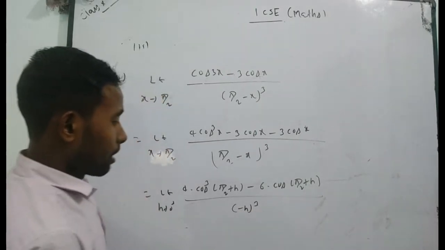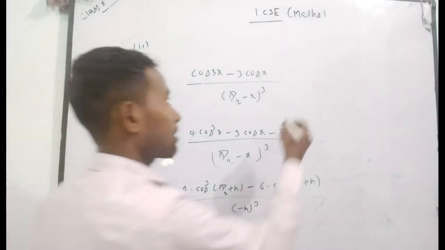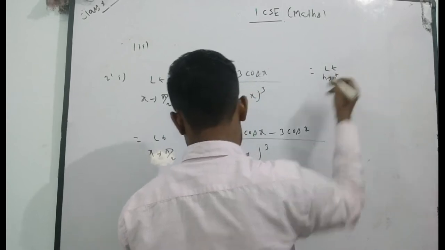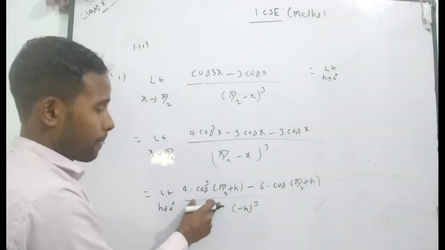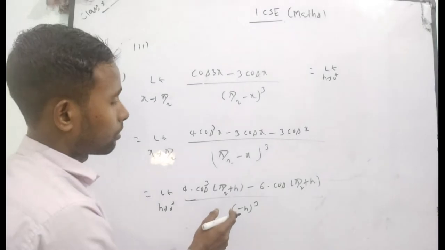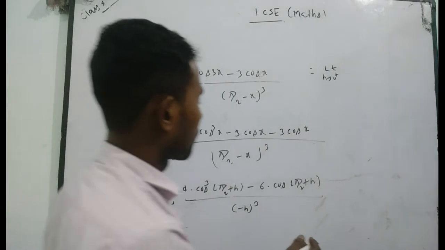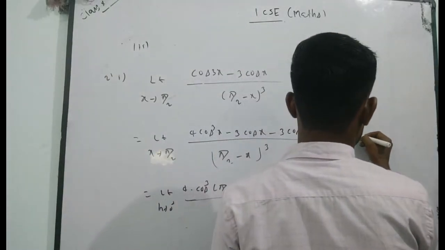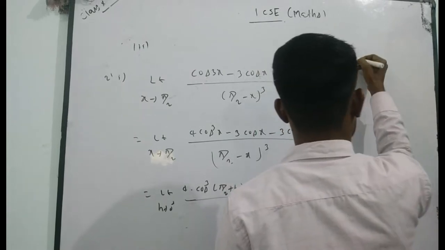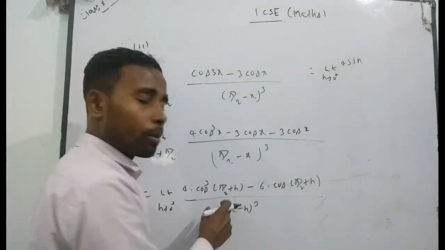Can you write? Now here you get cos pi by 2 plus theta. What is the formula of cos pi by 2 plus theta? Minus sin theta. Can you write it directly? Limit x tends to 0 from the right hand side, 4 times cos 90 plus theta will be minus sin theta.